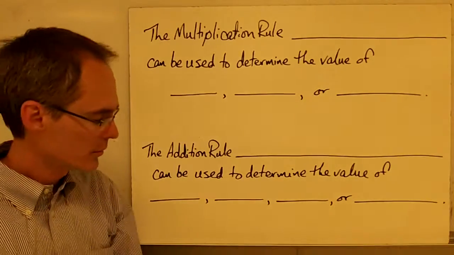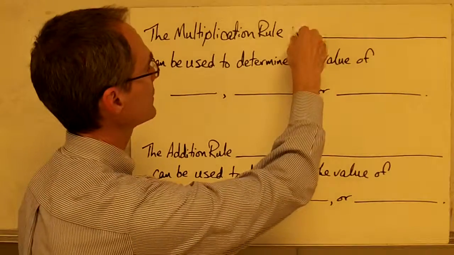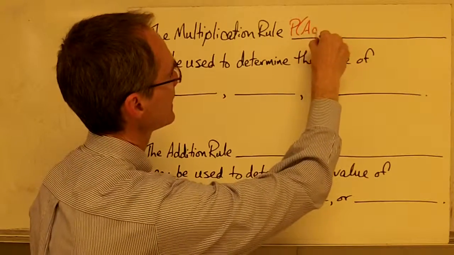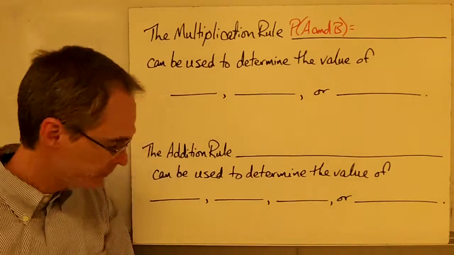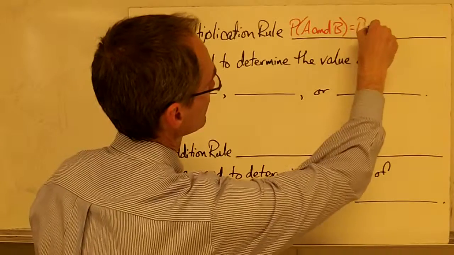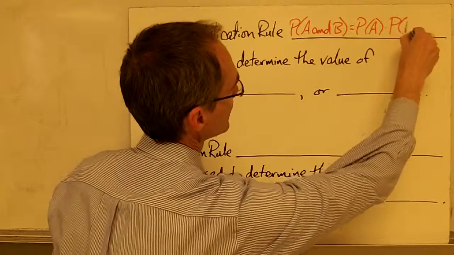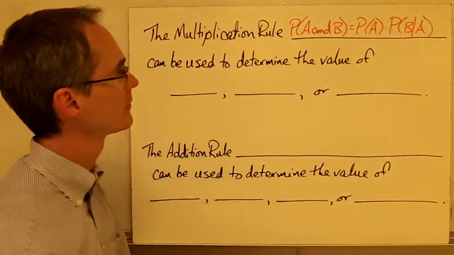Now, remember the multiplication rule, which is written like this: probability of A and B equals probability of A times probability of B, given that A has already occurred.